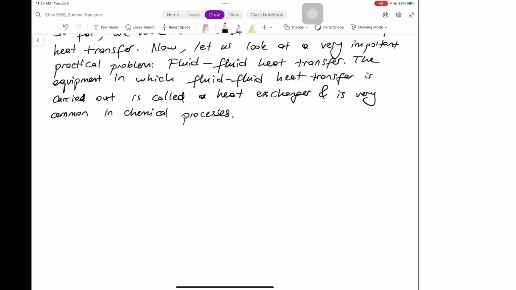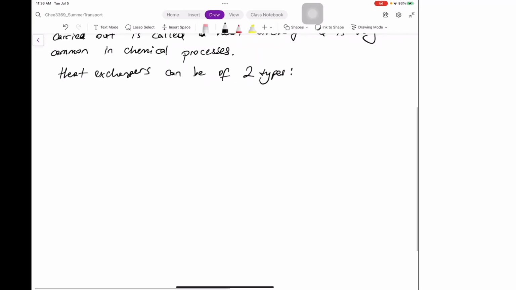So they can come in two types. Depending on how the fluid contacts with the other fluid, they can be either direct heat exchangers or indirect heat exchangers.